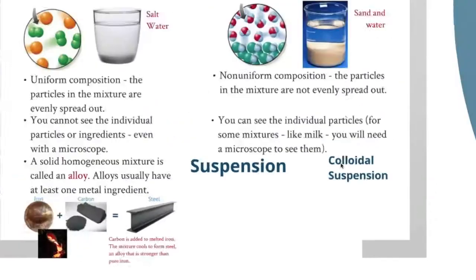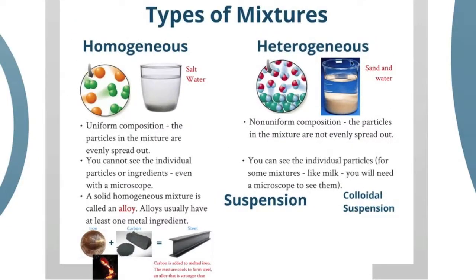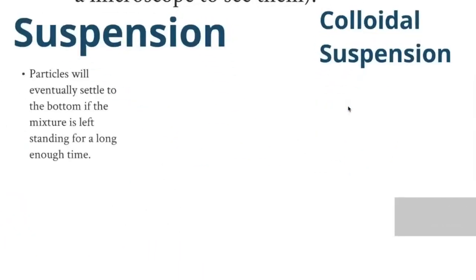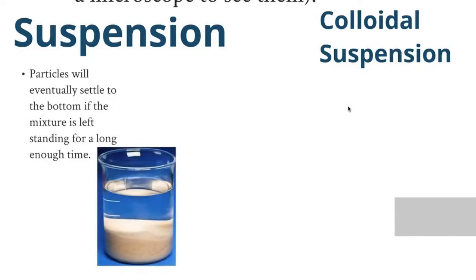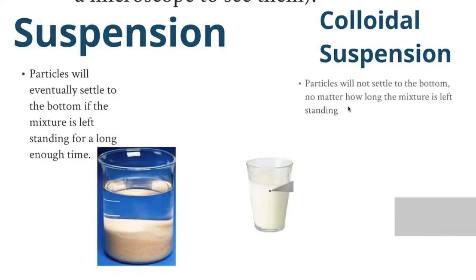So this sand water that we saw here, that would be a suspension, because it might have been mixed up at one point, but it's been sat down and all of the sand sank to the bottom. So in a suspension, the particles are eventually going to go to the bottom of the mixture. And there's my sand water example.